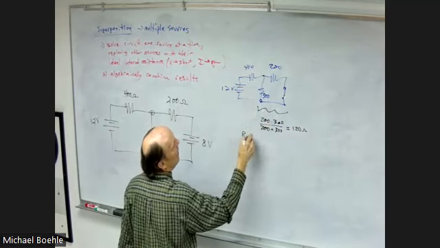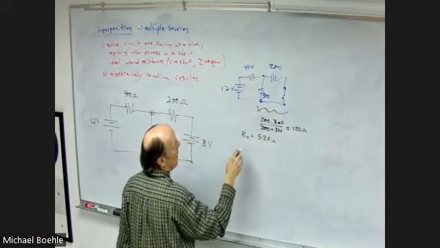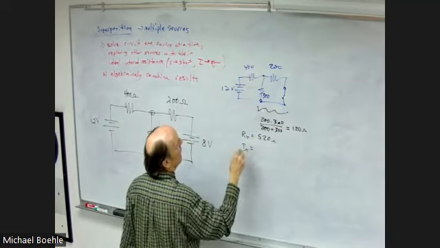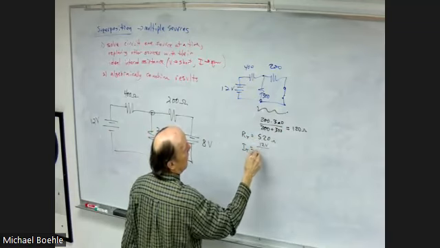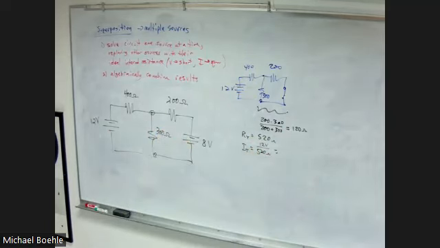So my total resistance here will be 400 plus 120, which is 520 ohms, which will give me a total current of 12 volts divided by 520 ohms. Calculator here. 23.08 milliamps.